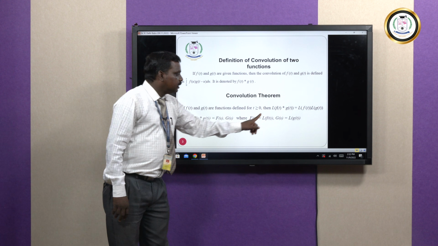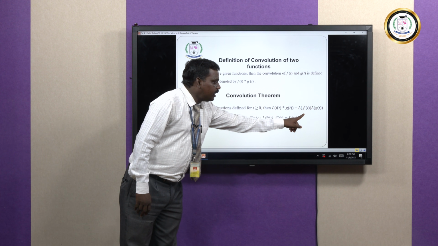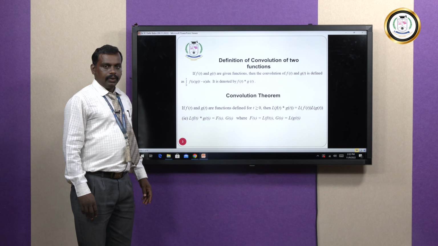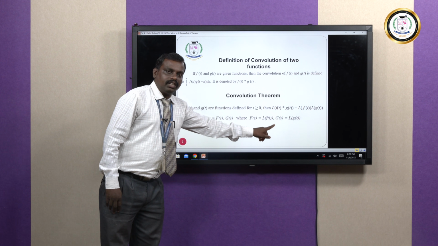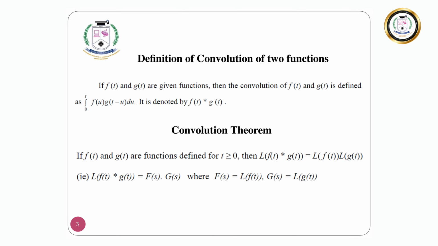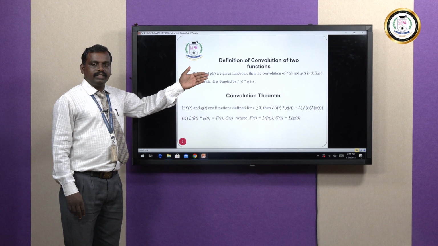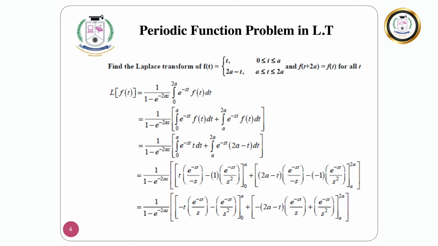That means L of f of t convolution g of t is equal to F of s into G of s, where F of s is the Laplace transform of the function f of t and G of s is the Laplace transform of the function g of t. So, these are the definitions of convolution of two functions and the convolution theorem in Laplace transform. Now, we will see the problems based on this.